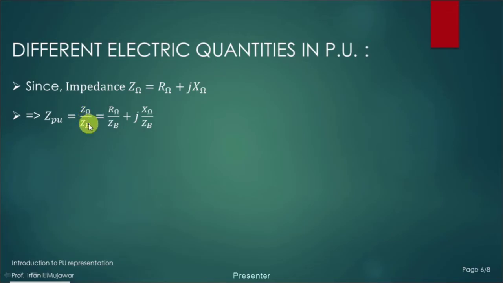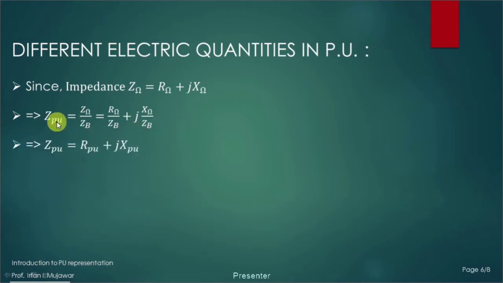So Z ohm upon ZB is equal to R ohm divided by Z base plus jX ohm divided by Z base. Now what is this R ohm upon Z base? This is nothing but the R per unit.